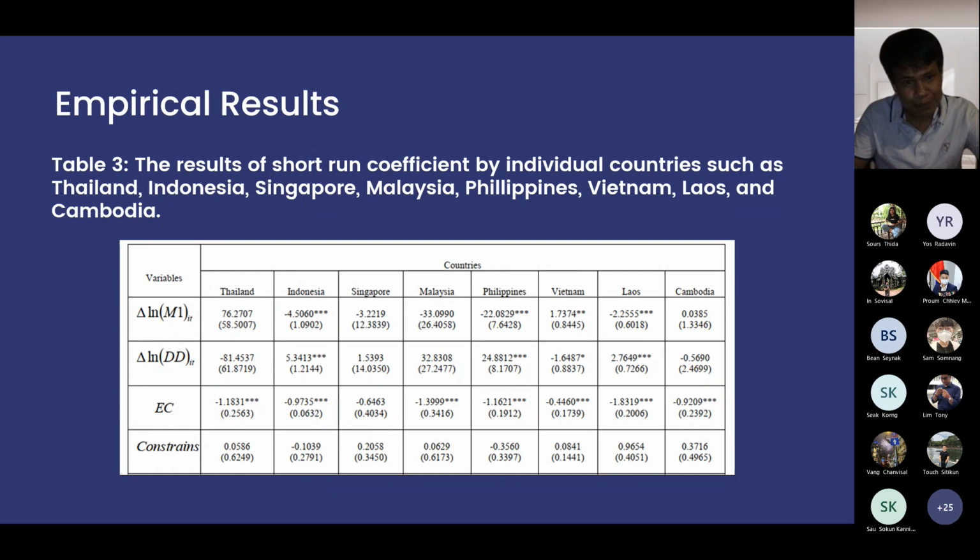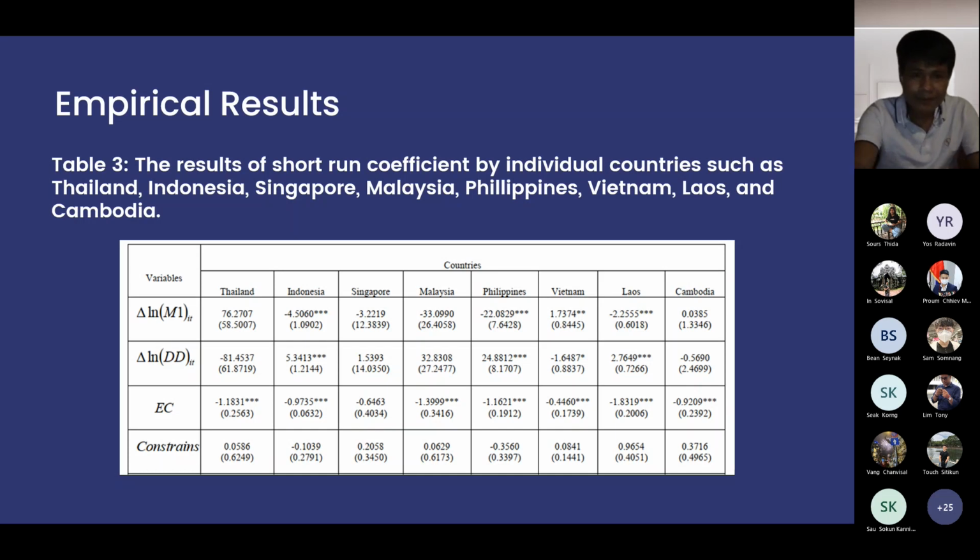In the short run, as we see in the first line, the money supply and the demand deposit variables were significant toward GDP growth in Indonesia, Philippines, and Laos, and the demand deposit, which is in line 2, is positive in these countries.